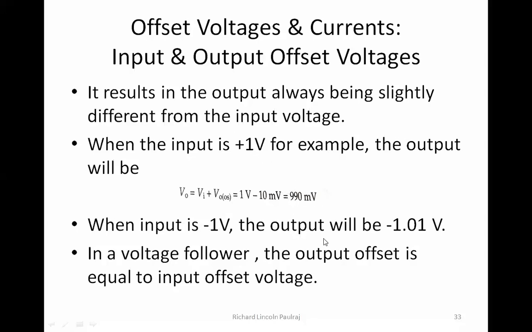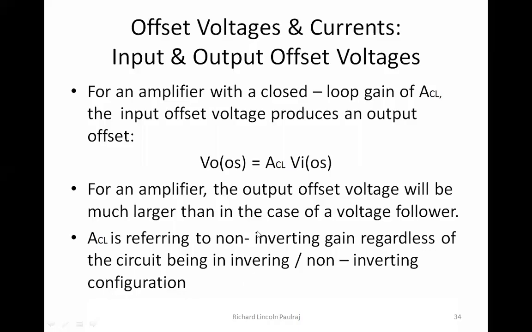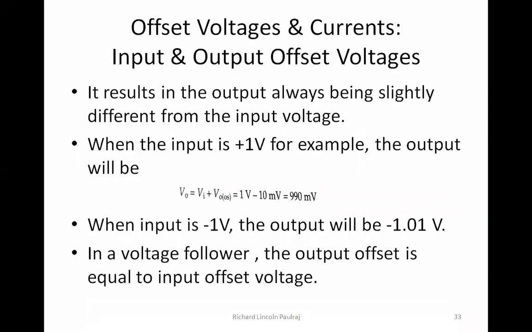So do you think this is acting as an ideal op-amp? Where is plus 1 and where is 990 millivolts? There is a huge difference, about minus 10 millivolts. When the input is about minus 1, it becomes the reverse.